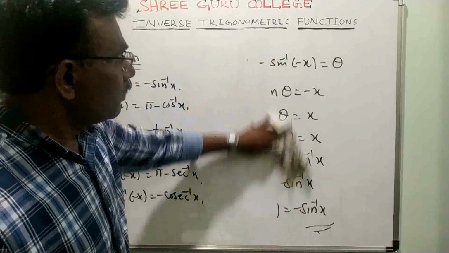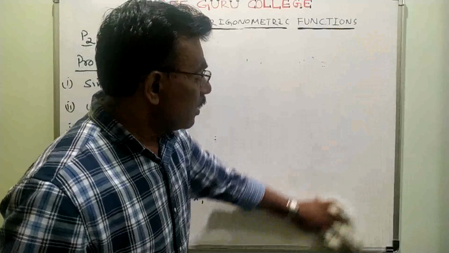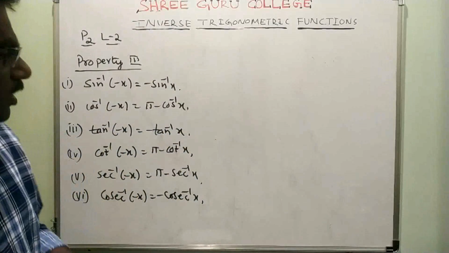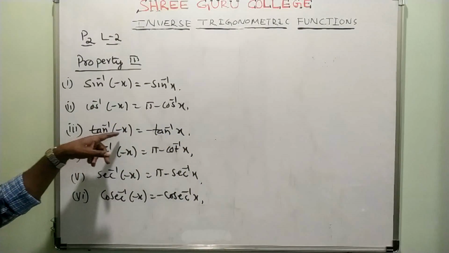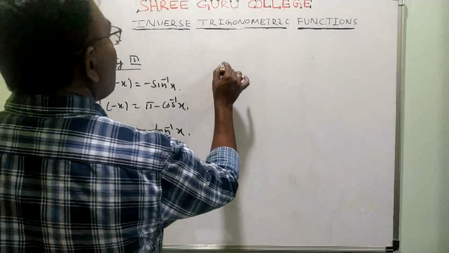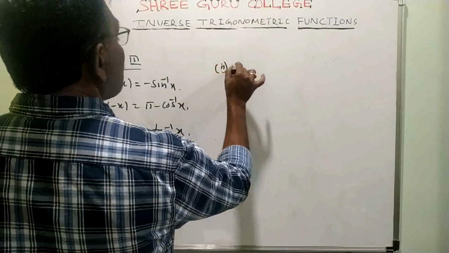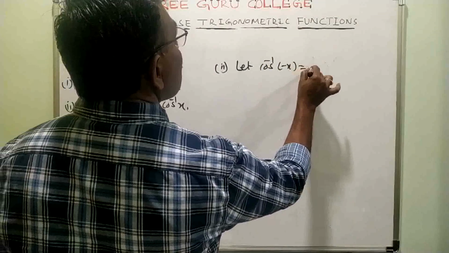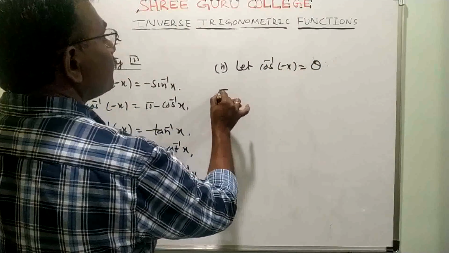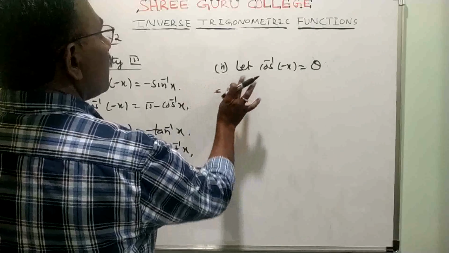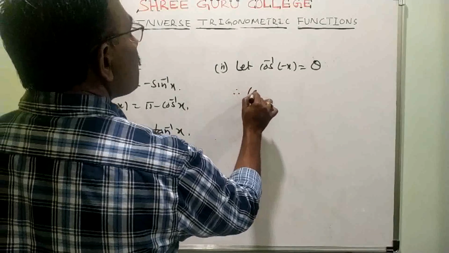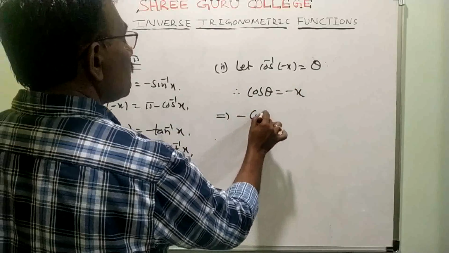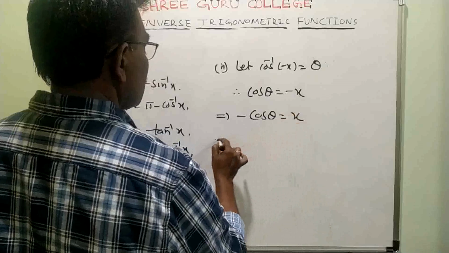I'll prove one more, the pi minus one. Once I prove the minus one, the remaining ones, tan inverse of minus x and cosec inverse, follow the same method. Now I will prove the second one. Let cos inverse of minus x be theta. Therefore, cos theta equals minus x, and minus cos theta is x.